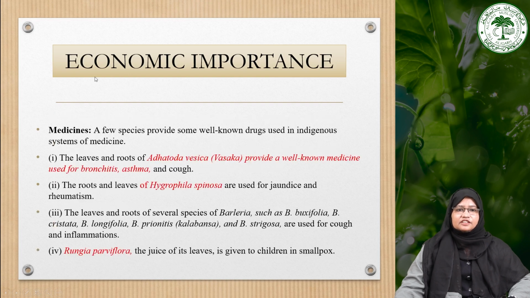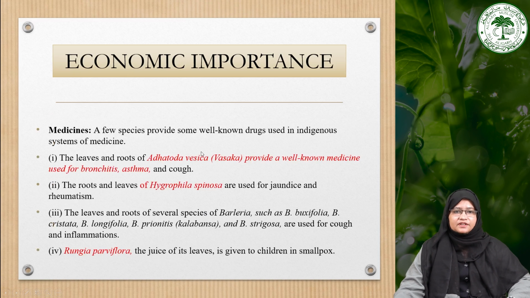spaces. Then this family has several medicinal benefits and is used in many traditional systems of medicine. The leaves and roots of Adhatoda vasica, commonly called Vasaka, provide a well-known medicine used for bronchitis, asthma, and cough.